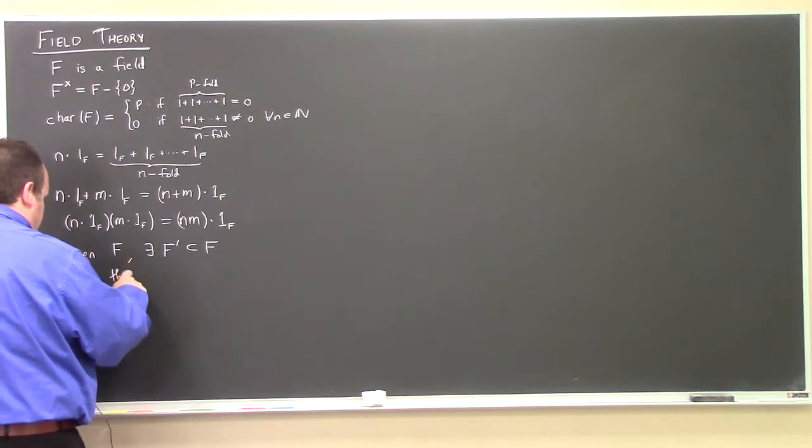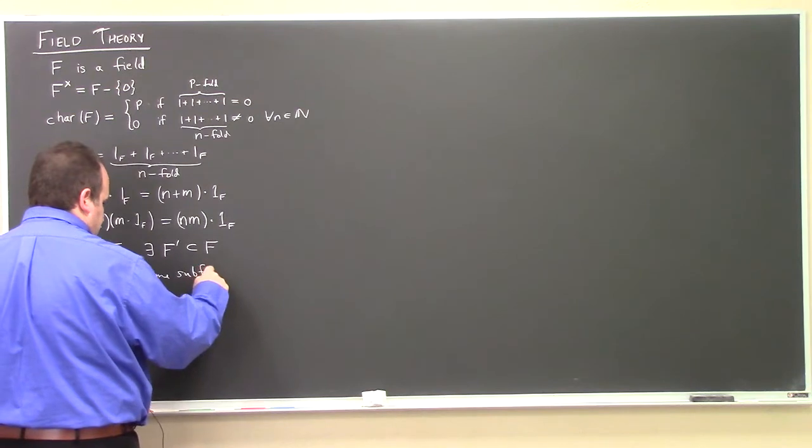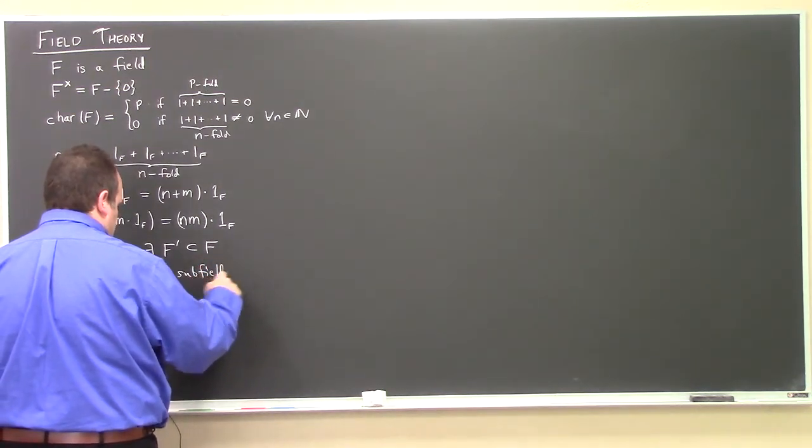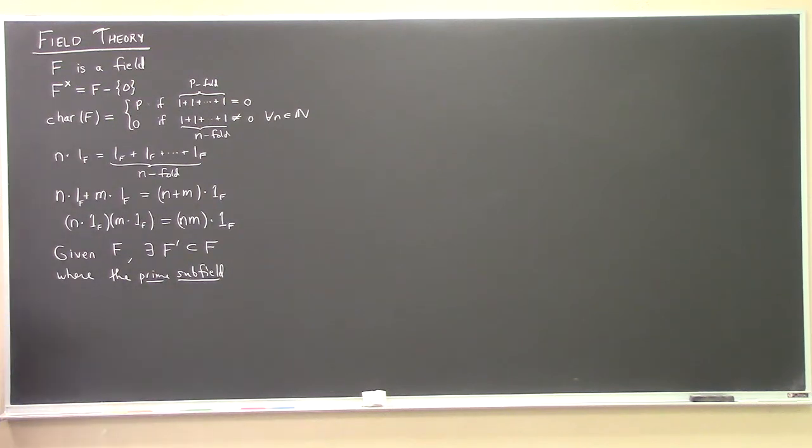The prime subfield is the field which is contained in any subfield of a given field, because every subfield of a field has to have 1 in it. And once you have 1, you get the integers and you get the field of fractions over the integers.